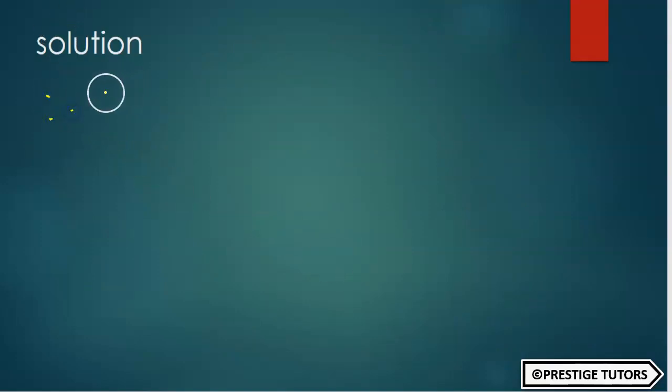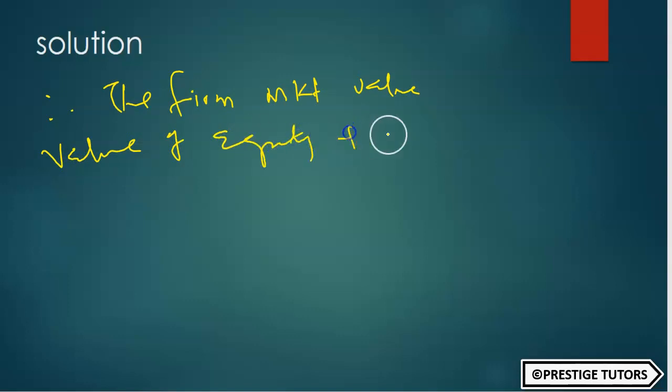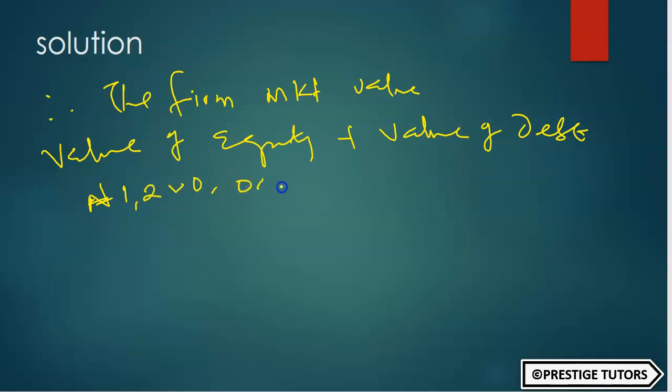Therefore, the firm market value, which is value of equity plus value of debt. In this question, what's value of our equity? 1.2 million naira.